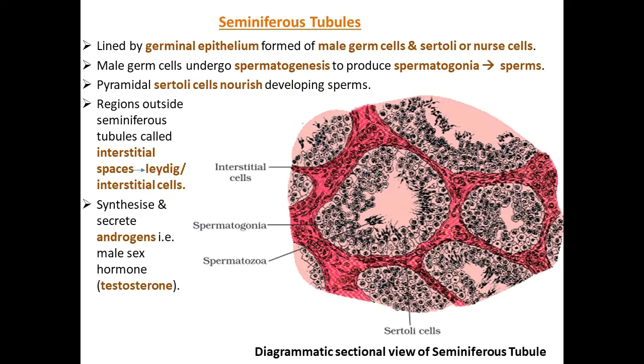Regions outside the seminiferous tubules are called interstitial spaces. इन spaces में cells हैं called Leydig और interstitial cells. और ये cells जो हैं they produce the testicular hormone. Testicular hormone is called androgen, or the male sex hormone called testosterone.